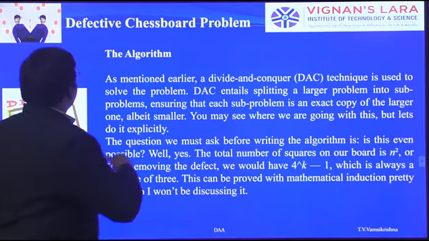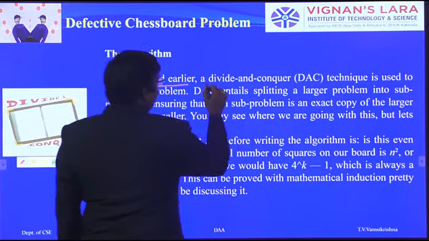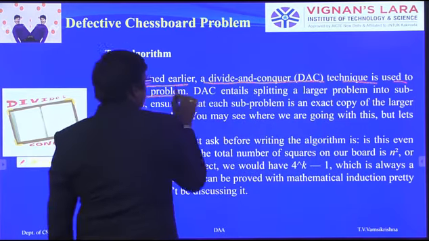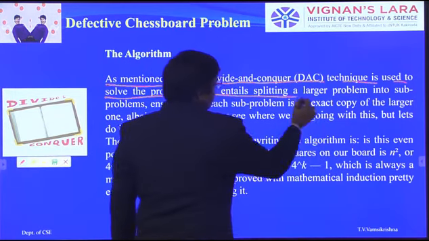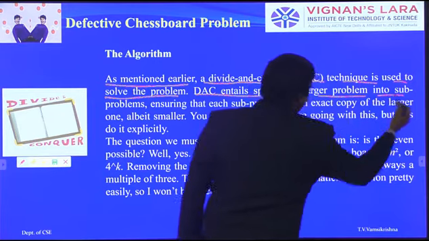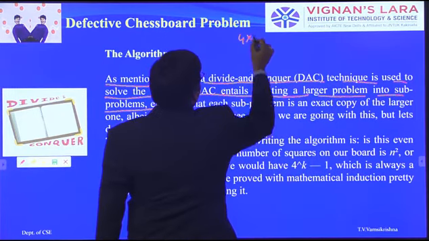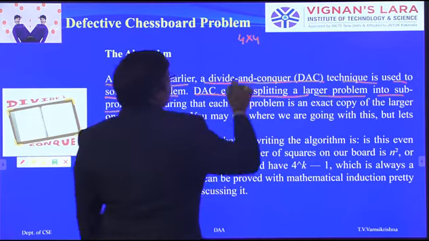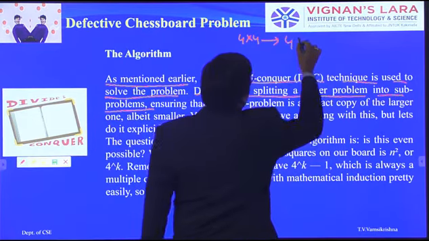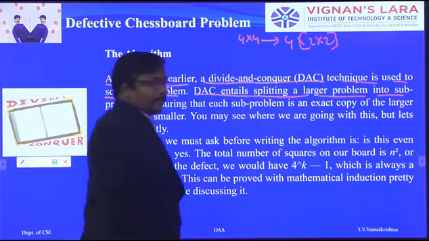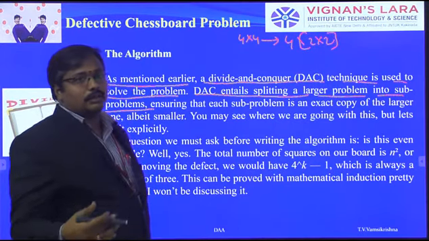As mentioned earlier, a divide and conquer technique is used to solve the problem. Divide and conquer splits the larger problem into smaller problems. I told you that if you take a 4 by 4 chessboard, it is divided into four 2 by 2 chessboards. Then we do the operation.